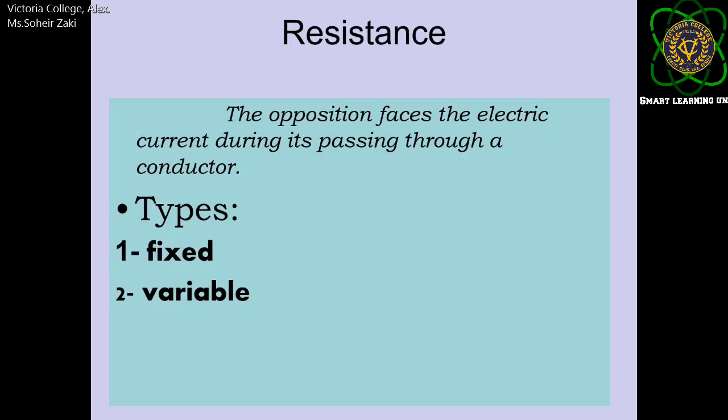The last property that we have to measure for the electric current is the resistance of the electric current. What is meant by the resistance of electric current? It's the opposition faced by the electric current during its passing through a conductor. And there are two types of resistance.